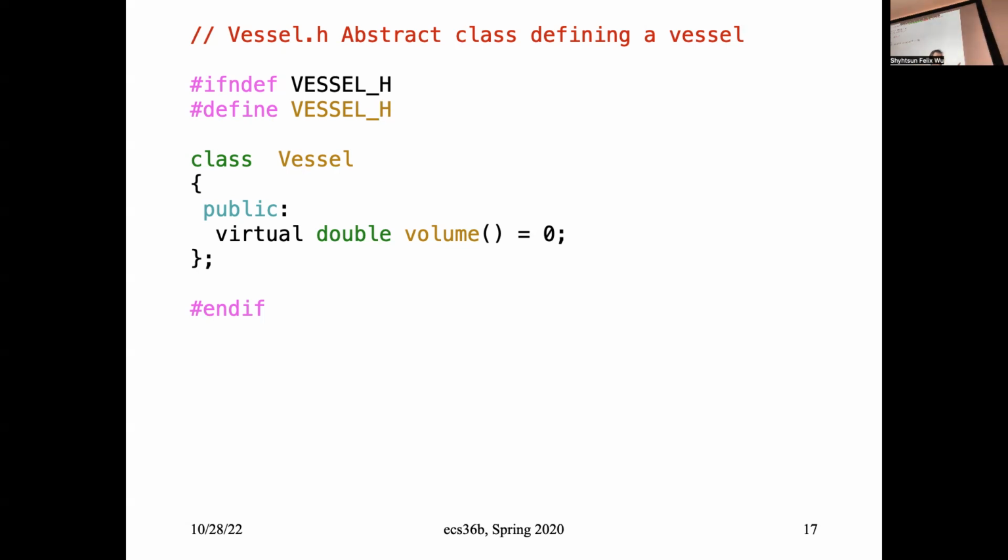Okay, good question. The question is, what happens if I actually create an object of the class itself? Number one important thing is that once you have a class that has a pure virtual function, you cannot create an object from this class, because this is just an interface. It's not a real class. It's an abstract class. Abstract class means I cannot create one.